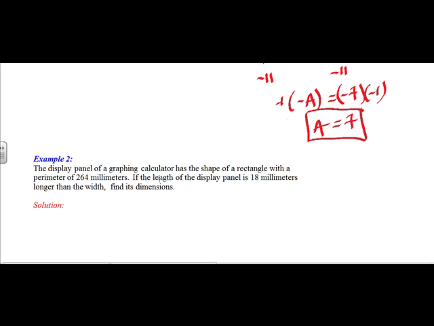That is our step 1. Step 2, we're going to assign variables for what we're looking for. We will let L stand for the length, and I'll let W stand for the width. So those will be the variables.